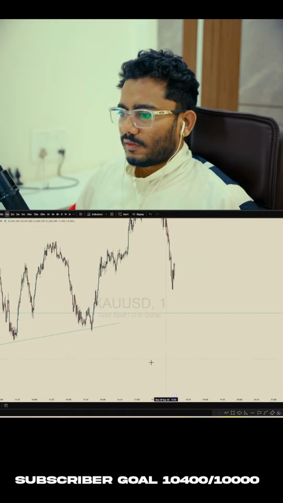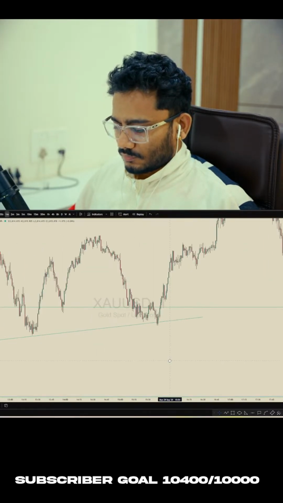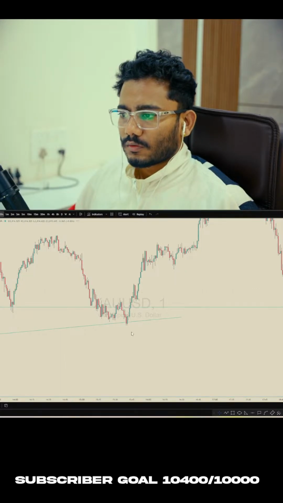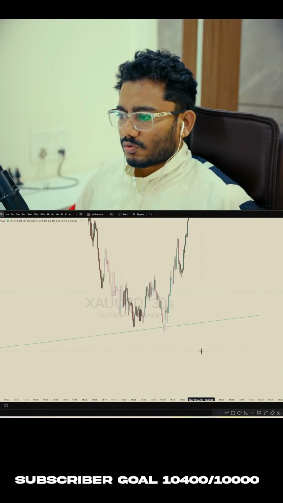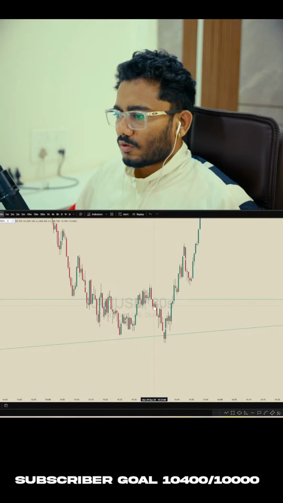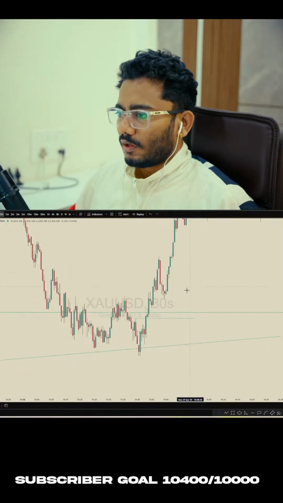Let's try to refine this order block. So this is the order block, refined one, and we have another one over here.